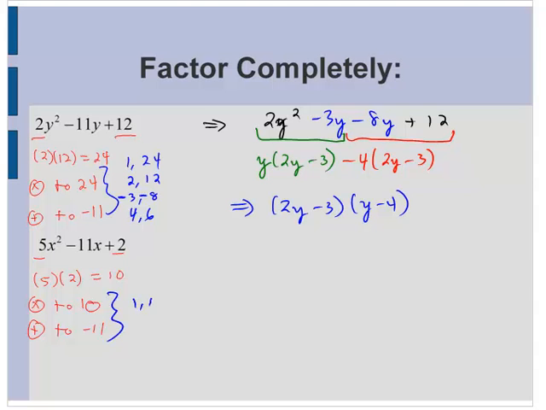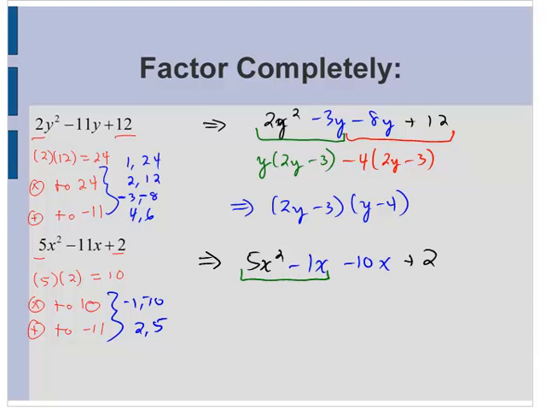Pairs of numbers that multiply to 10 are 1 and 10 and 2 and 5. So now let's see, we need them to also add to 11. Well, if they were both negatives, negative 1 and negative 10 would add to negative 11. So this would give 5x squared minus 1x minus 10x plus 2.